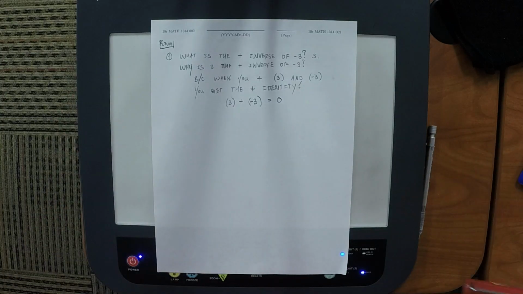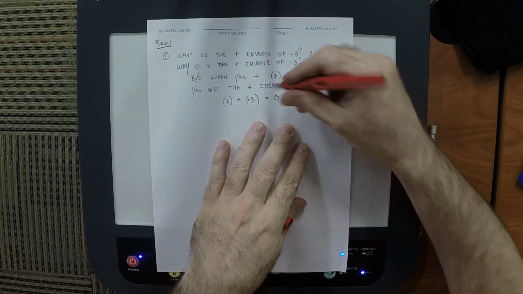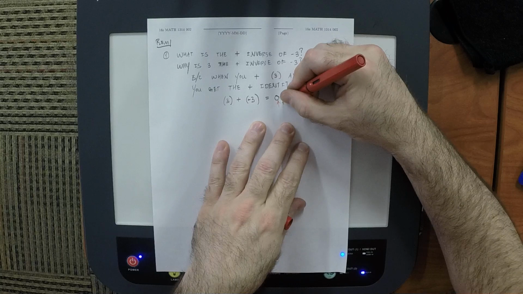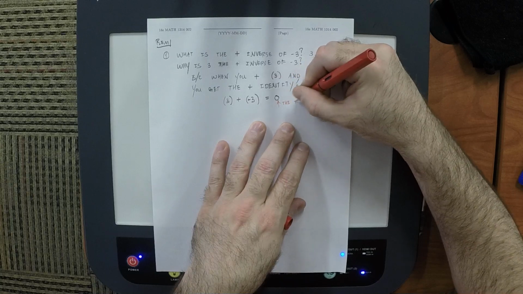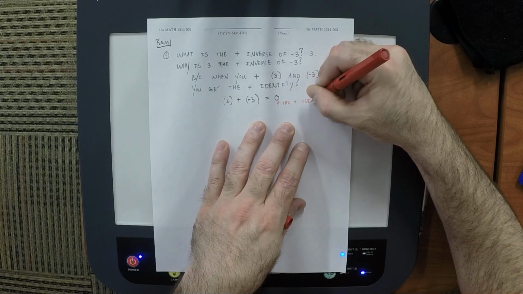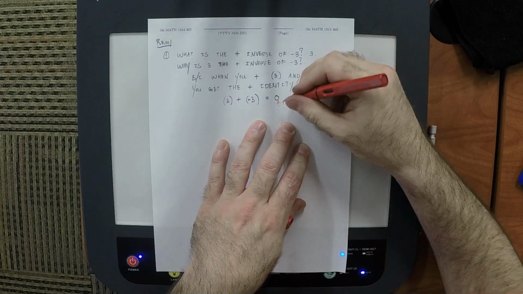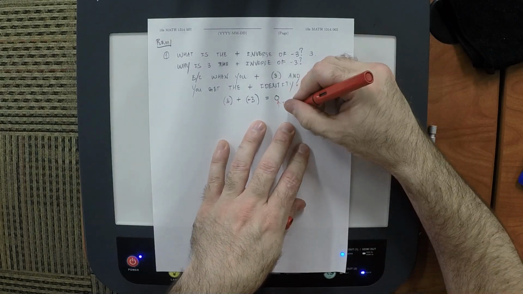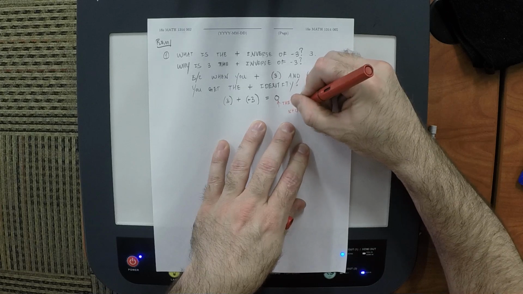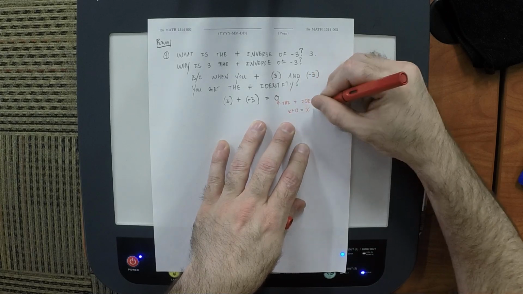And 0 is significant because it's the additive identity. The additive identity is 0, and it has the property that x plus 0 is x for all x.